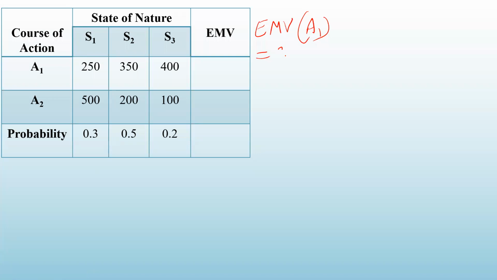So 250 multiply by 0.3 plus 350 multiply by 0.5 plus 400 multiply by 0.2. Correct? Write down.